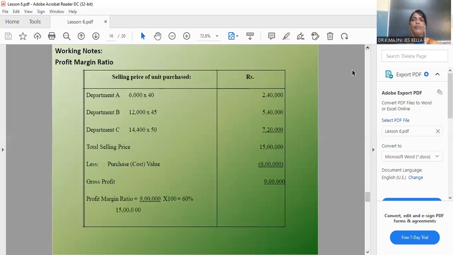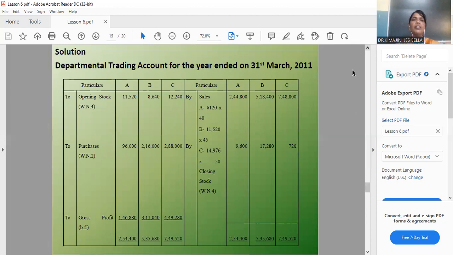When you convert that opening stock units into amount, you will get for Department A 11,520, Department B 8,640, Department C 12,240. When you multiply the opening stock units by the rate, you will get this amount.